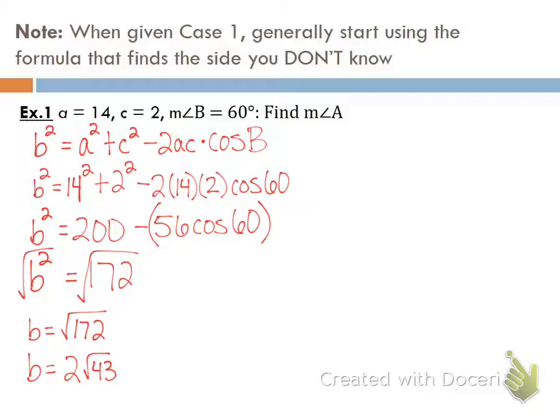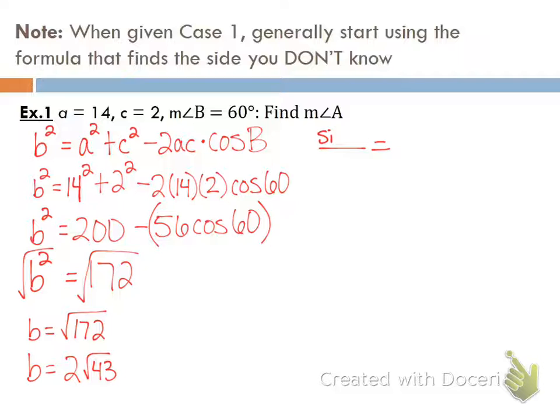Okay, now that we have side B, we also have angle B. So once we have a pair of a side and the angle across from it, we can switch over and use law of sines instead. Does this make sense? Which is what we've done the last 2 days. So remember, one of your ratios, you need to be able to fill in everything.